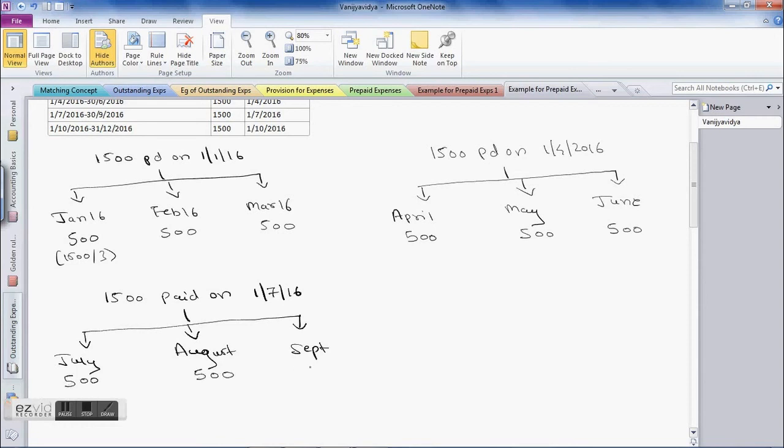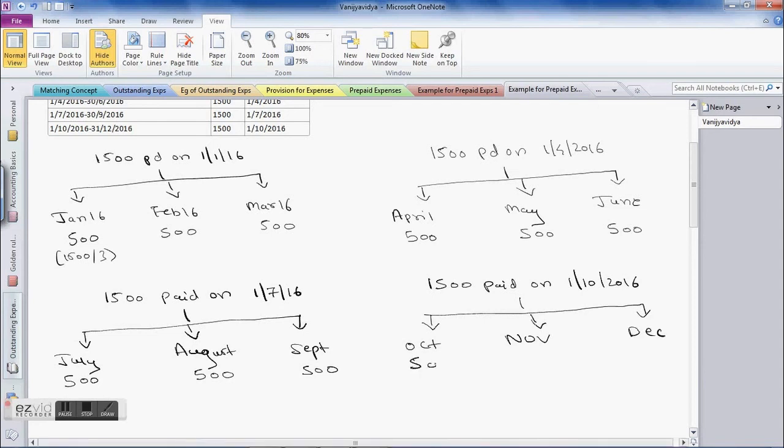So amount for each month is 500. Right? Now 1500 paid on 1/10/2016 for the month of October, November, December. So per month amount will be again 500, 500, 500.